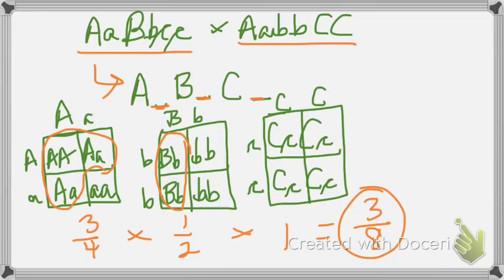Now part B is a little bit trickier. It's the same cross as in part A, but you're supposed to answer what is the probability that the offspring will show at least 2 of these traits as dominant. You could do this the straightforward way or the reverse way, and in this case thinking in the negative is a little bit simpler.